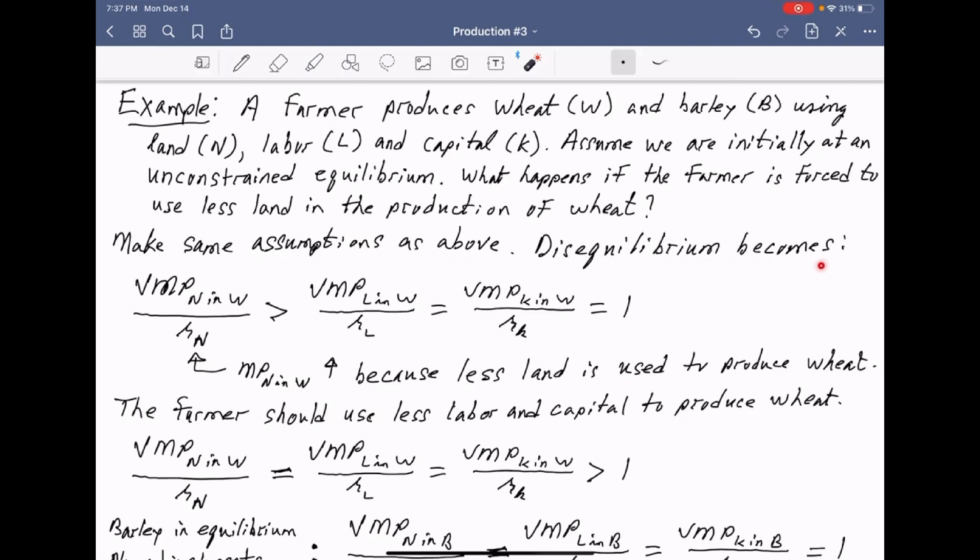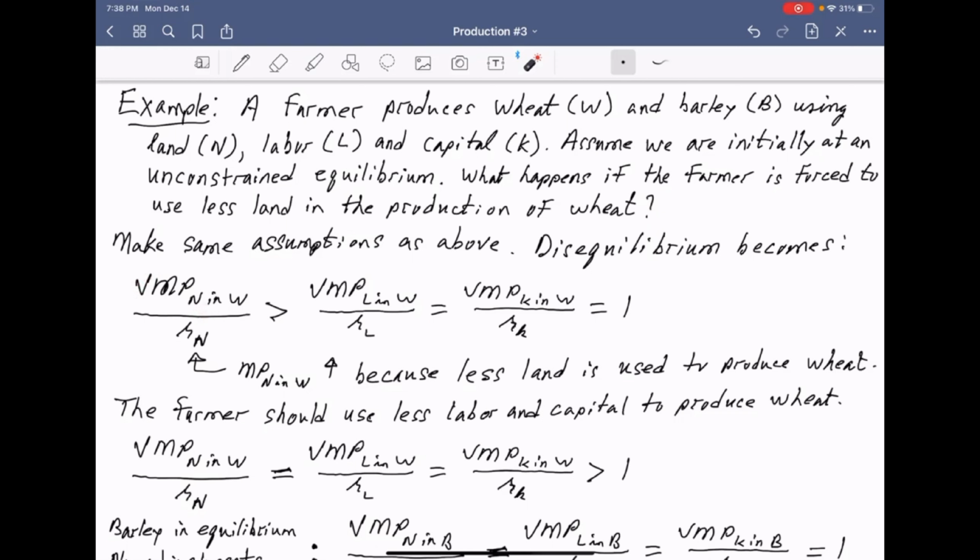The disequilibrium now becomes that the value of marginal product of land used in wheat divided by the input price of land is greater than the value of the marginal product of labor in wheat divided by the wage rate. And the reason for that is because we've got a constraint.